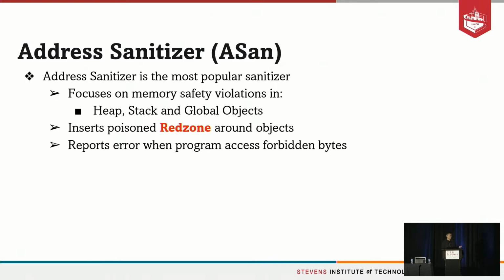So what is ASan? It is the most popular sanitizer for vulnerability detection, which focuses on memory safety violations in heap, stack, and global objects. The mechanism for ASan is to insert poisoned red zones around objects and report an error when the program accesses the forbidden bytes.